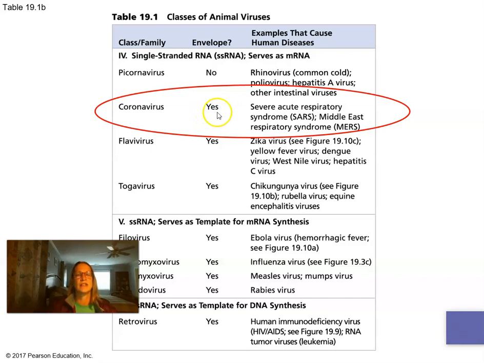It has a viral envelope. And here are some of the symptoms it causes. Severe acute respiratory syndrome, so SARS, is one example of a coronavirus. MERS is another example, and the common cold is also an example of a coronavirus.